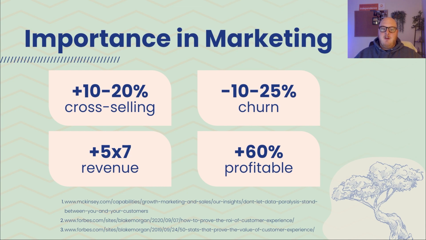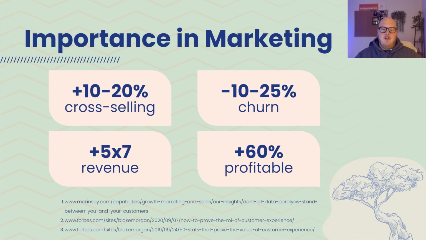Brands with superior customer service bring in 5 to 7 times more revenue than their competitors that lag in customer experience. And this really comes down to cross selling, lack of churn, and lack of needing to constantly service those customers, which really impacts your bottom line and increases your sales and profitability.